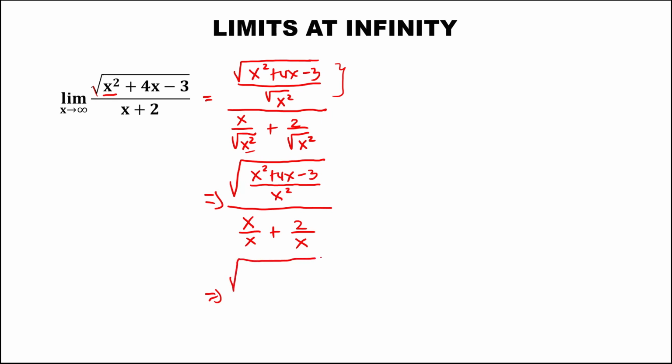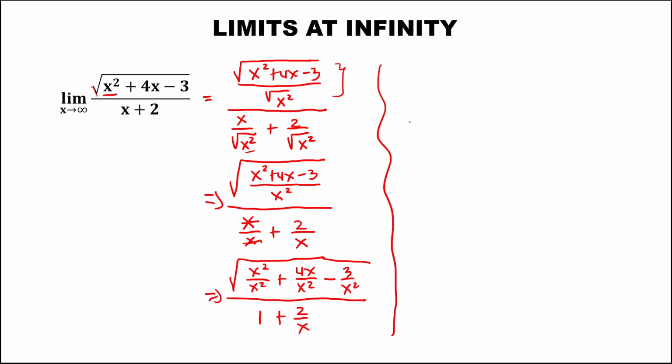So we have now the square root of x squared over x squared, then plus 4x over x squared, then minus 3 over x squared, then all over x divided by x. This is equal to 1 plus 2 over x.